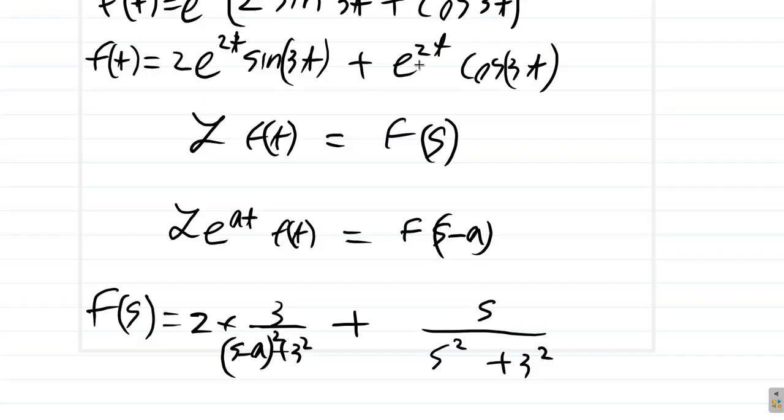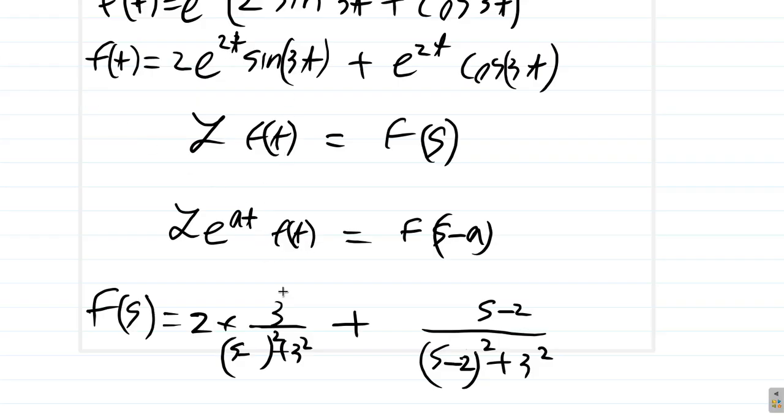But now note you have multiplied by e to the 2t, so that's going to make a change here. You have s minus the number that multiplies t in the power. So it's s minus 2, s minus 2 squared. I just realized I had left this as a. It should be s minus the number that multiplies t in the power of e to the at.